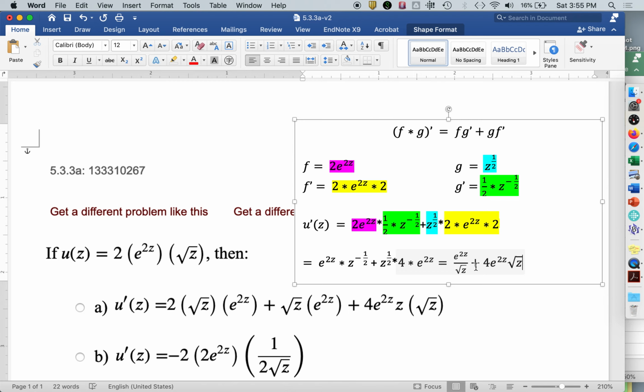Okay, so this is ultimately what I'm looking for here. E to the 2z over the square root of z plus 4e to the 2z times the square root of z.